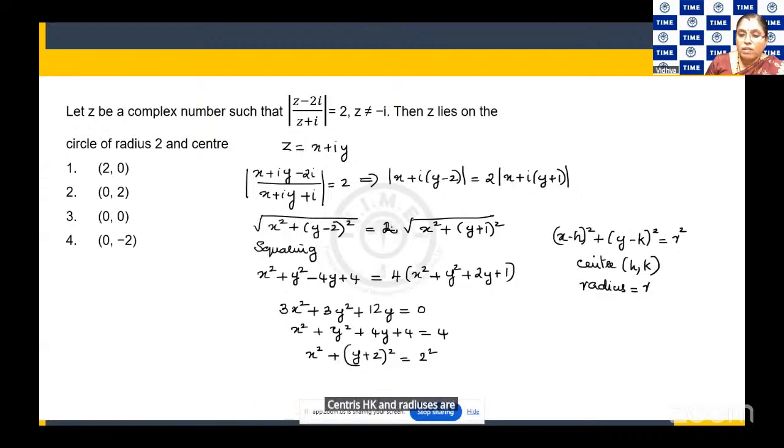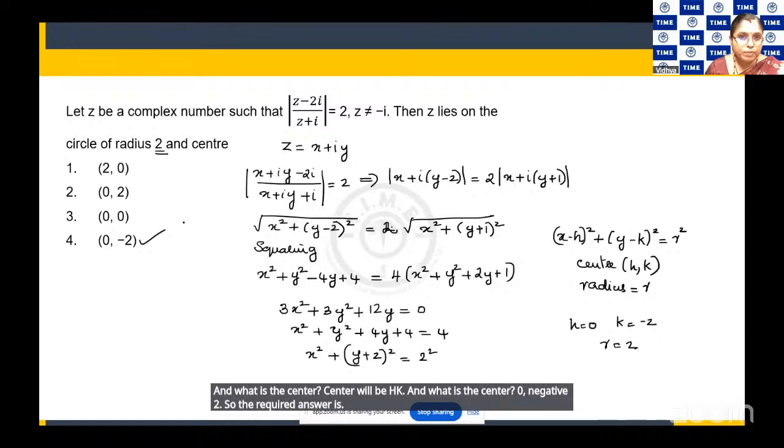So comparing our equation with this, what is h? h is 0. And what is k? k is negative 2. And r is 2. So we are given that z lies on the circle of radius 2. That's right. And what is the center? Center will be (h, k), that is (0, negative 2). So the required answer is option 4. I hope it's clear.